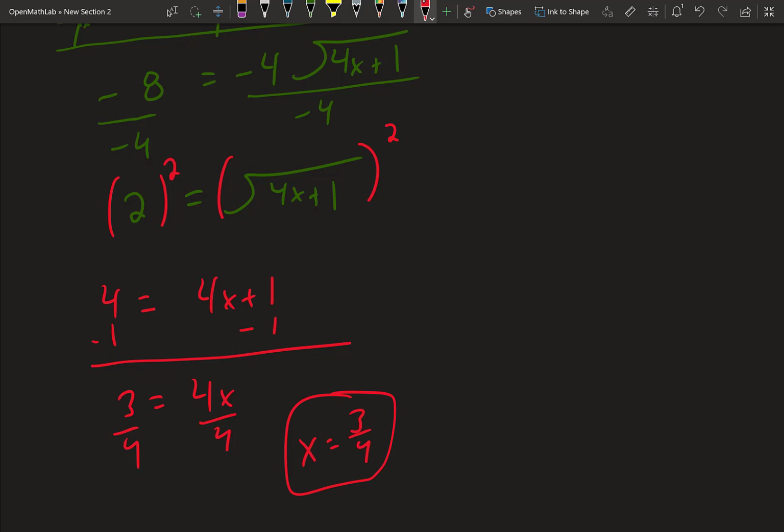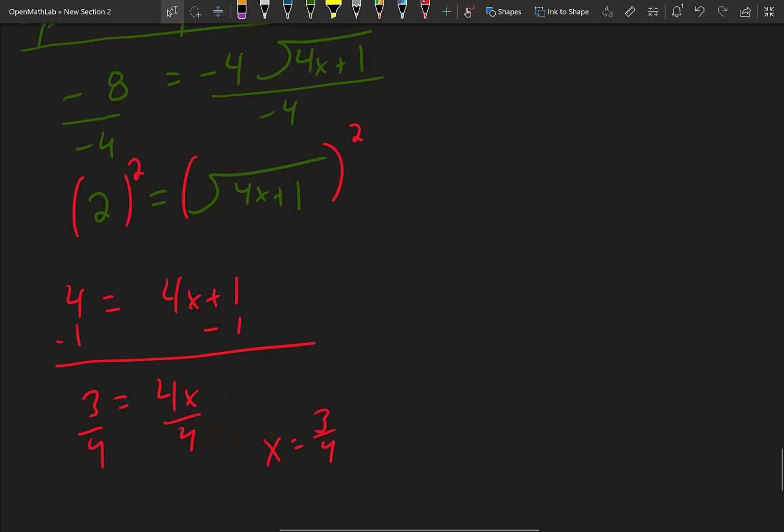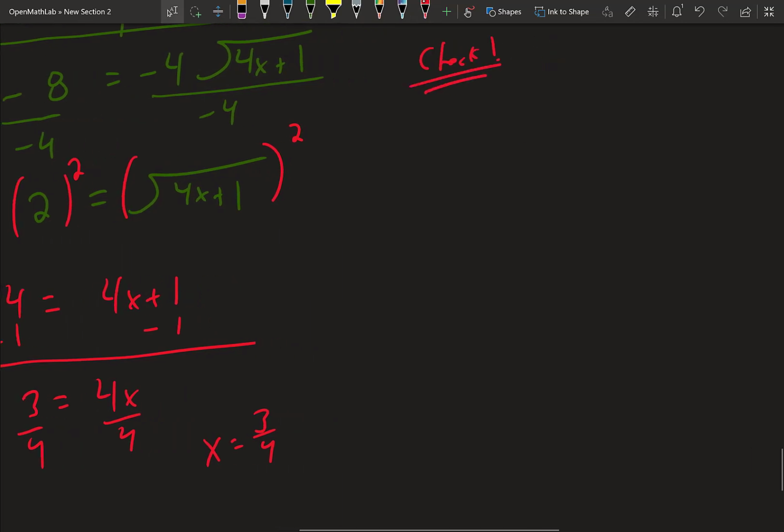Right? And remember, that's a potential solution, so we can check that really quick. So I had you check quite a few on your own, so let's do this one together. So remember, the original equation is the square root of 4x minus 3 equals 2 minus the square root of 4x plus 1. So we're checking if x equals 3/4. All right, so I just need to plug this in for x.